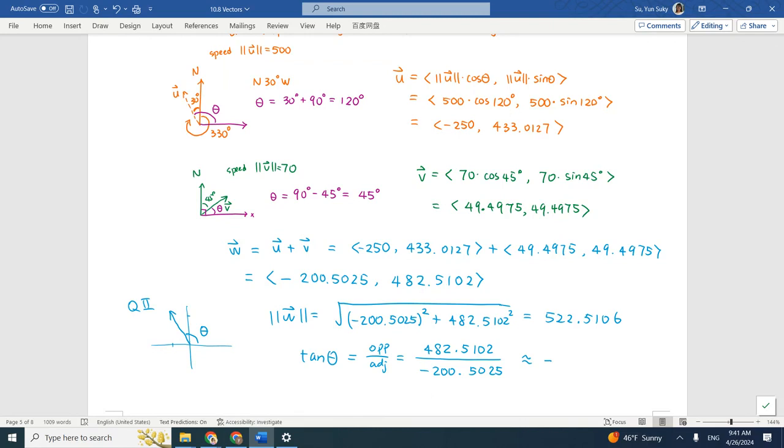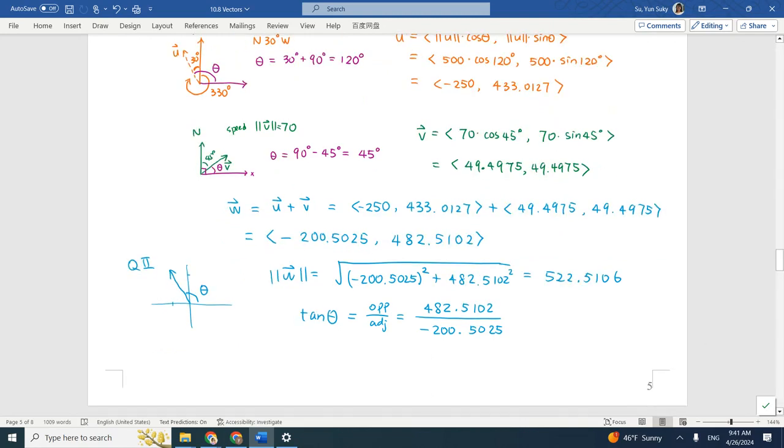I'm just breaking it into 2 steps. If you want to do theta directly, because it's in quadrant 2, your theta will be the inverse tangent of that number plus 180 degrees. What do you get? How many degrees do you get?